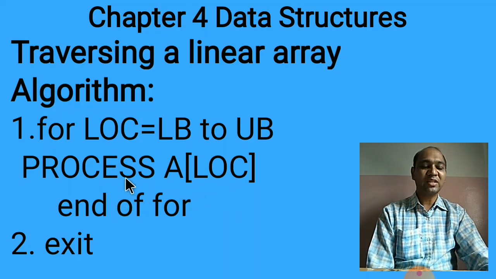Here processing could be inputting or outputting, and then exit. In this particular case we are trying to access each element to process, hence it is called traversing. Now we will see a small programming example to input and output array elements, so that we can understand how exactly traversing works.